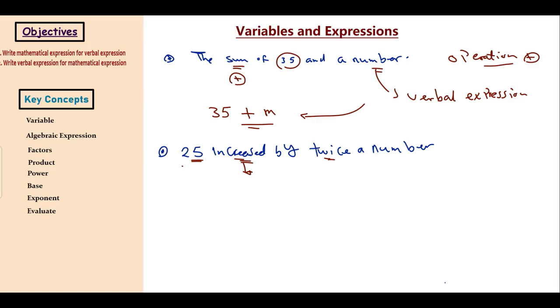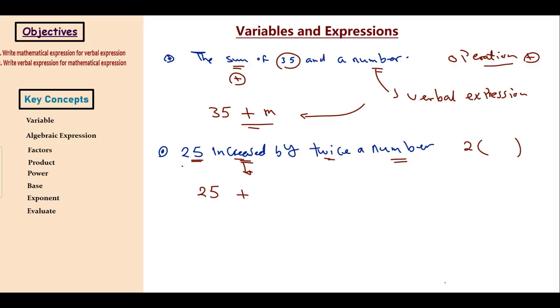So I'm gonna say this is 25 plus something as well, but it's not a number, it's twice a number. The word twice here means something multiplied by 2. So we have something multiplied by 2, and we use parentheses here to express that the two quantities are multiplied together. So we have a number, this number is unknown.